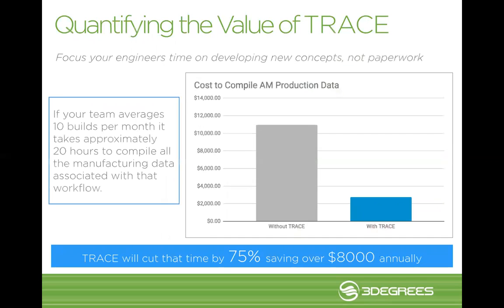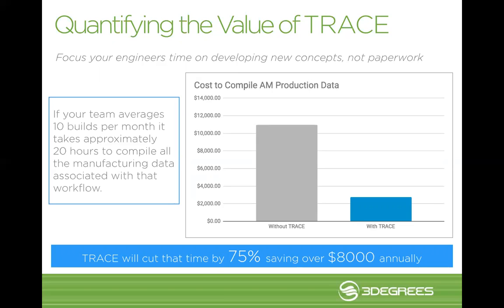And so as we've developed the tool, we've wanted to quantify, okay, what is the actual value of having Trace? One of the things that we really wanted to emphasize is this idea that you want to focus your engineers' time on developing new concepts and new approaches, and not paperwork. So we did some calculations based on average employee wages in the engineering field, based on if you're doing about 10 builds per month, and how much time it takes to collect some of that data, and the amount of data that we're collecting in Trace.